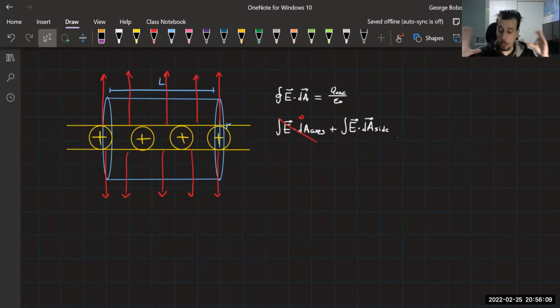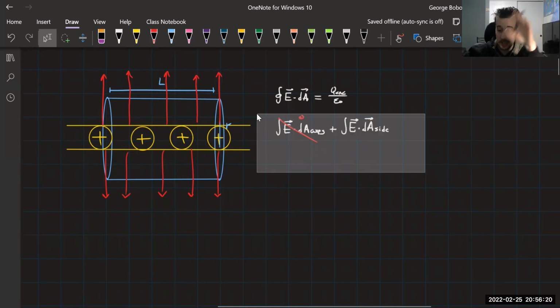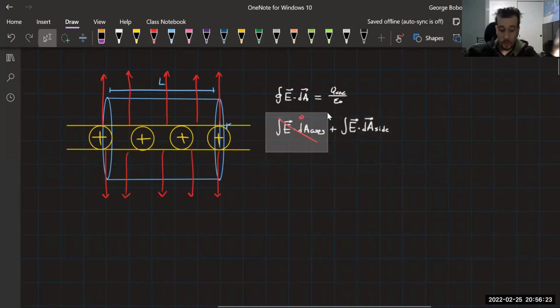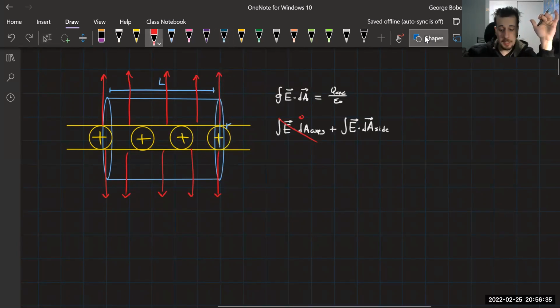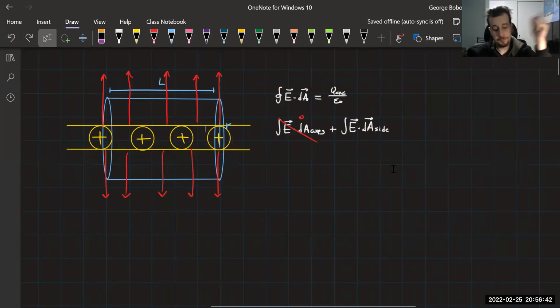We can break our closed surface into individual open surfaces when we're doing the integral. I've split this up on the caps and on the side, and I conclude that there's no electric field going through the caps, because the electric field is tangential on the caps. It doesn't cross it, it just grazes it. So it doesn't actually register a flux.